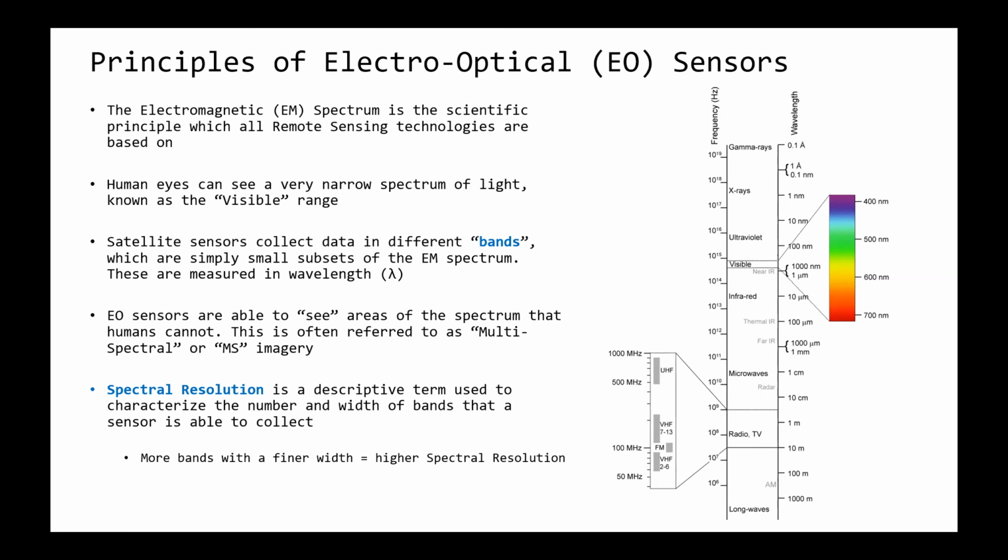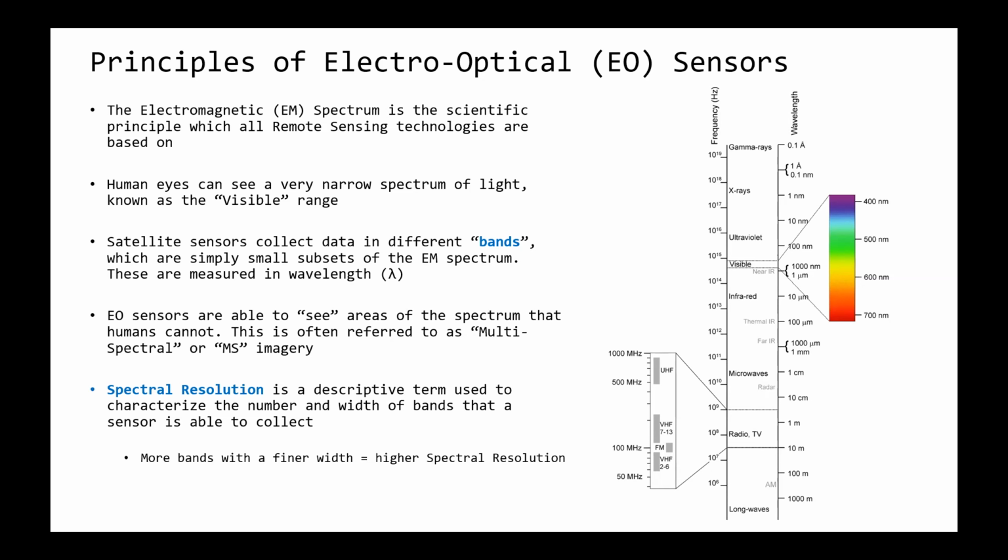As you can see in the graph to your right, there's a very small segment of that spectrum which is visible light. That's light that the human eye can see and interpret. As you see, it's a very small segment.